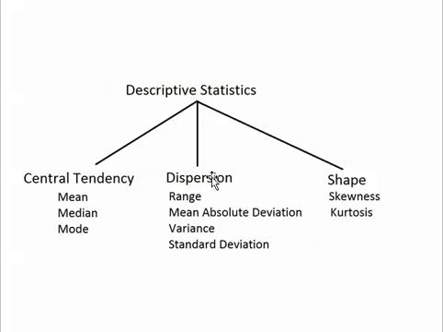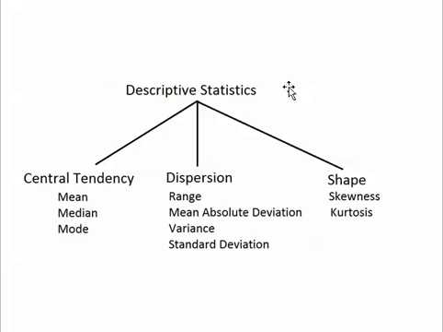And there's also measures of shape. These values are calculated to measure the shape of the data, and different data sets can have different shapes depending on which values appeared the most often.